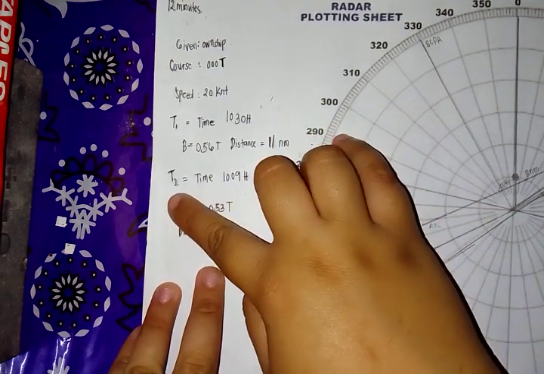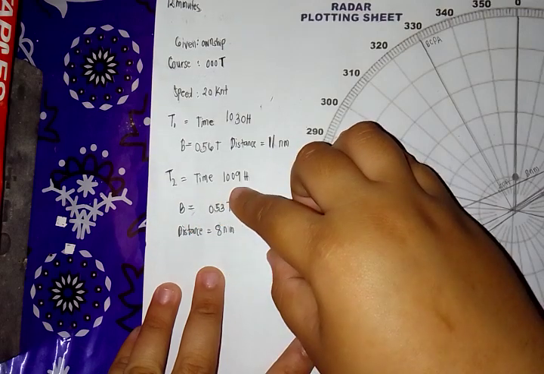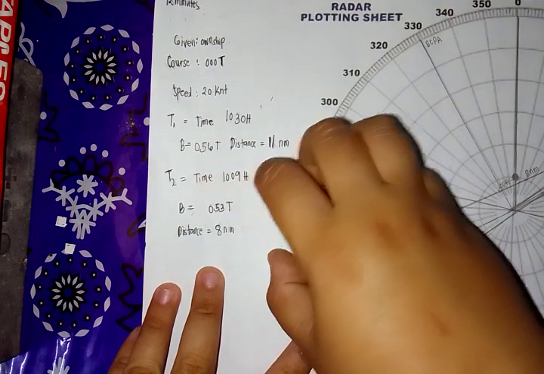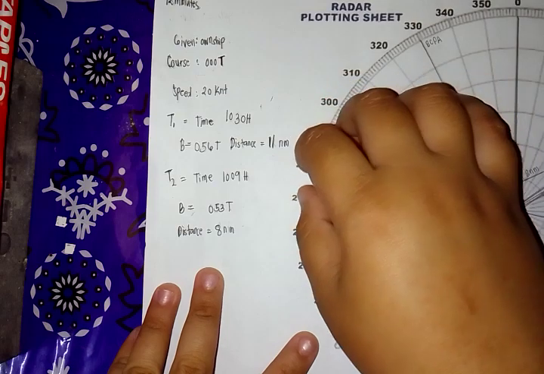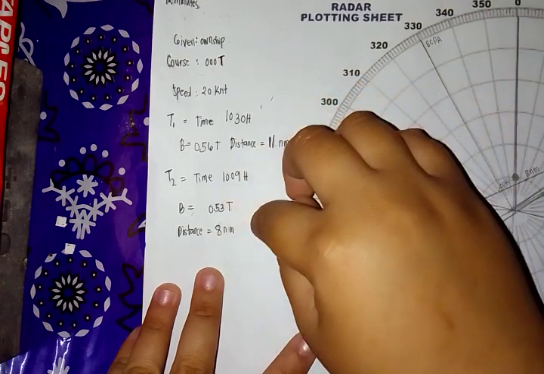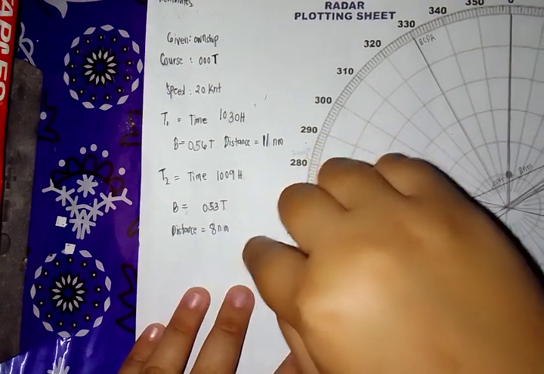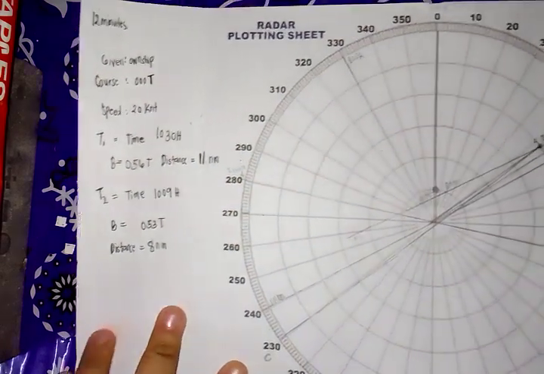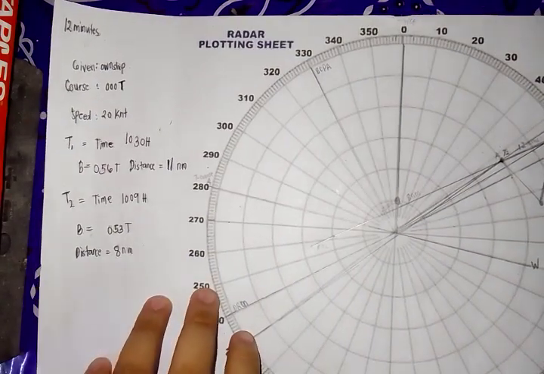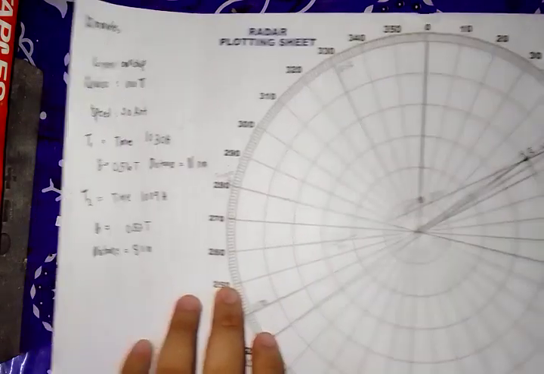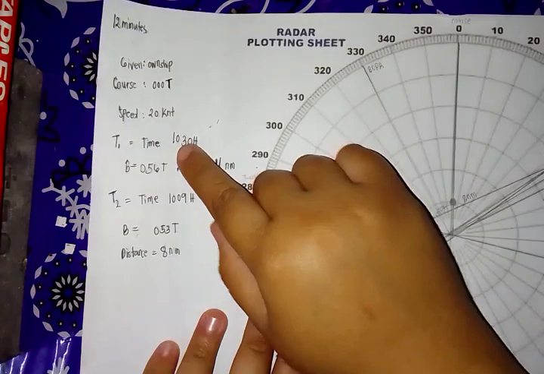For target number 2 we have time 09:00 hours, bearing 053 true, and the distance is 8 nautical miles. So first we need to find our course, which is 002.